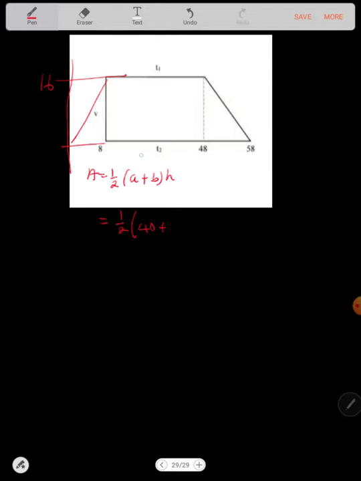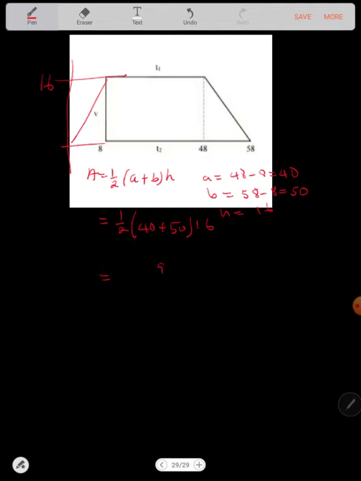And b is the longest distance, from 8 to 58, that gives you 50. So a is equal to 48 minus 8, which is 40, while b is equal to 58 minus 8, which is 50, and h is equal to 16.